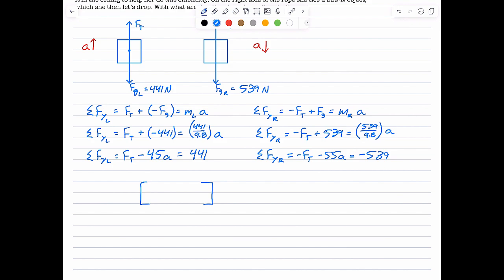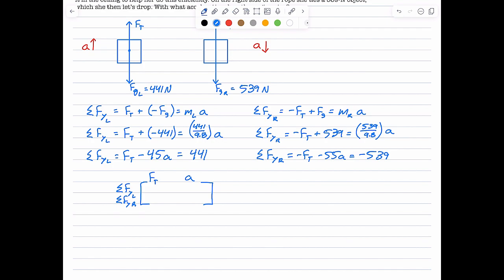So I'm going to set this up so that my unknowns are my column headers. So I don't know tension force and I don't know acceleration. So those are my two columns. And then the equations I'm pulling their coefficients from, well, that's just F sub y sub L and F sub y sub R. And that tells me where they're coming from.